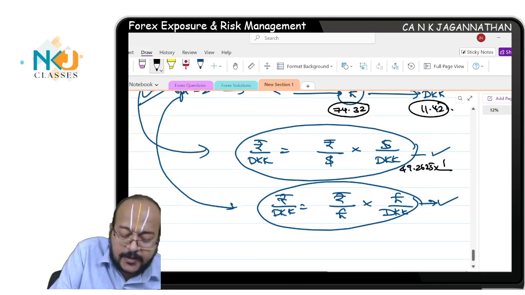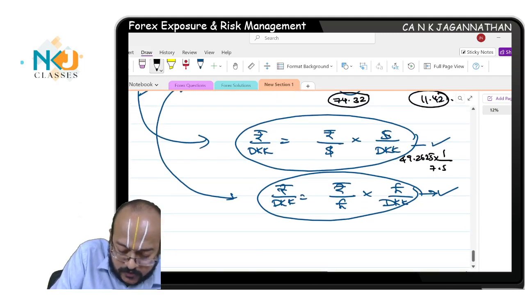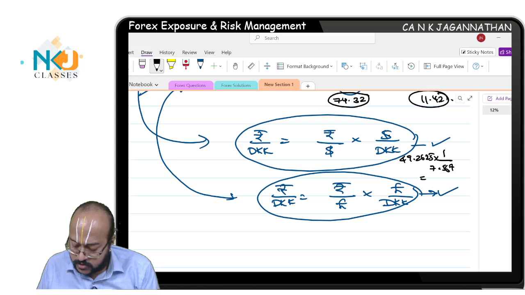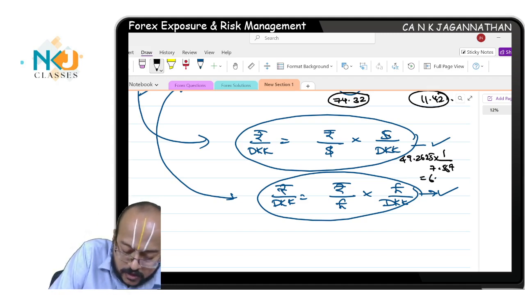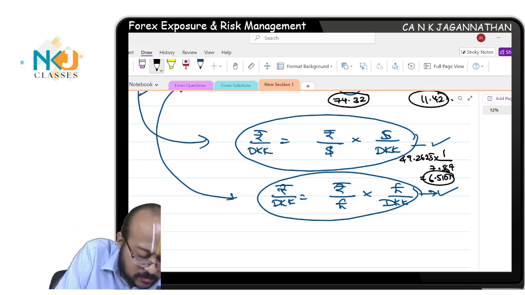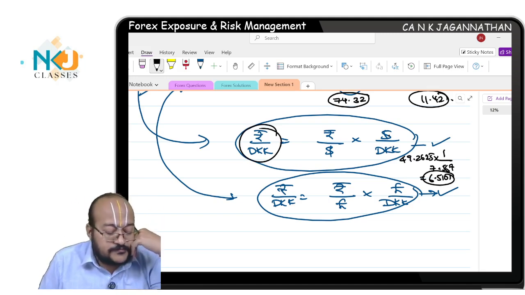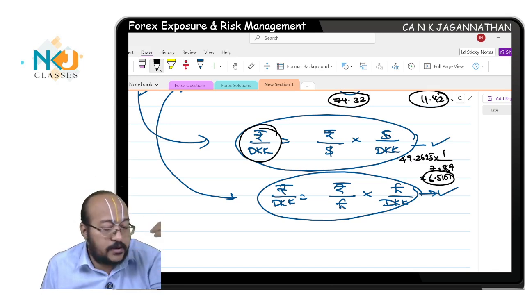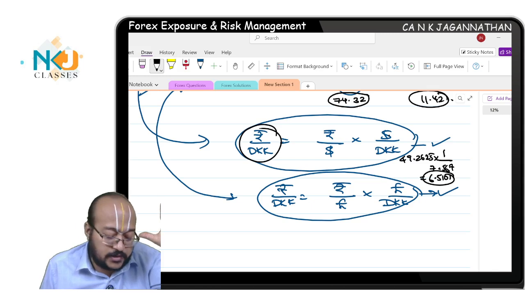Into 1 by 7.567. So 49.2625 divided by 7.567 is 6.5101. This is nothing but rupee per DKK. For buying each DKK, you need to pay 6.5101 rupees. Are you understanding?